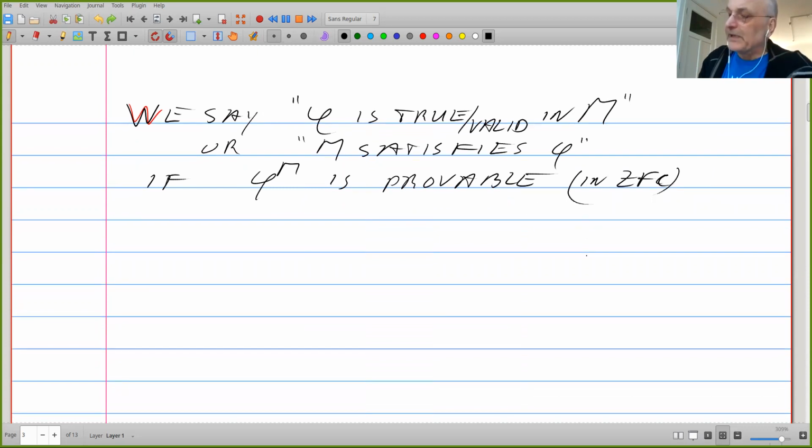Well, during the group interaction, you'll be asked to look at a few formulas to see whether they are true, valid, satisfied by transitive sets, because we're going to be working with transitive sets almost exclusively. Look at extensionality.